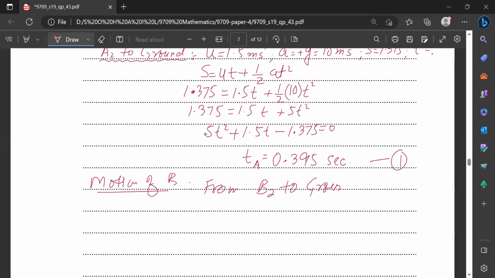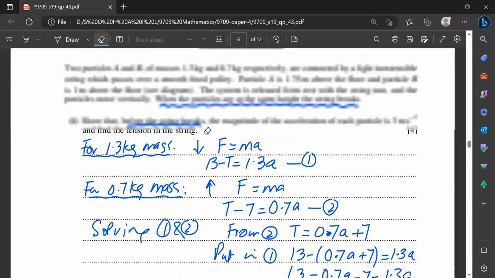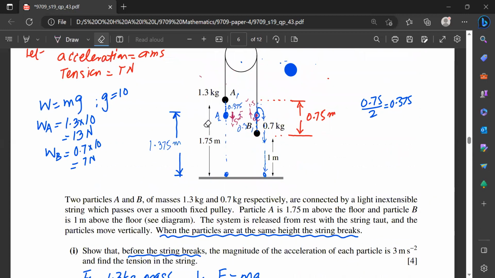There are two methods. You can directly manage the situation from B2 to the ground.